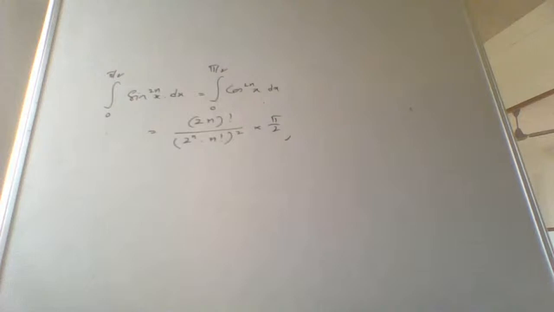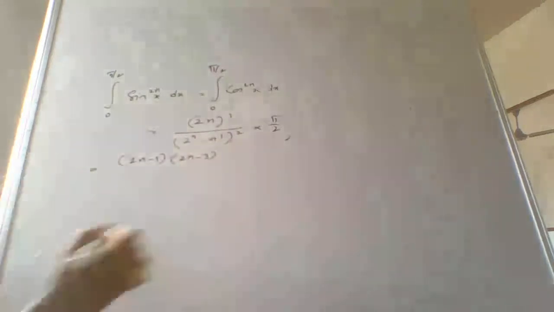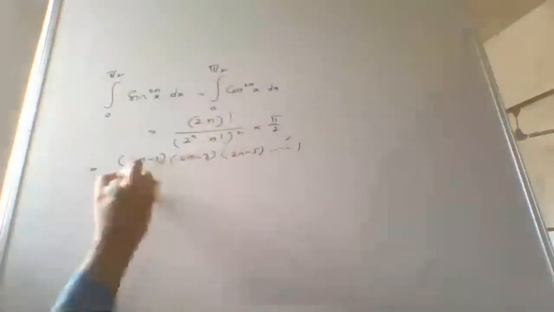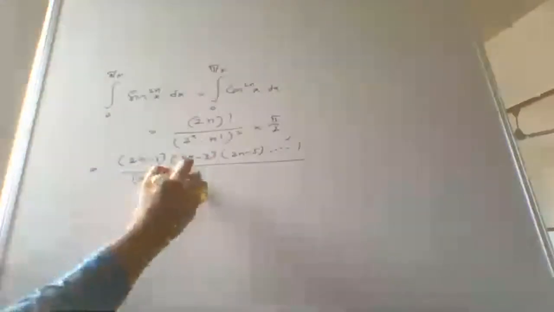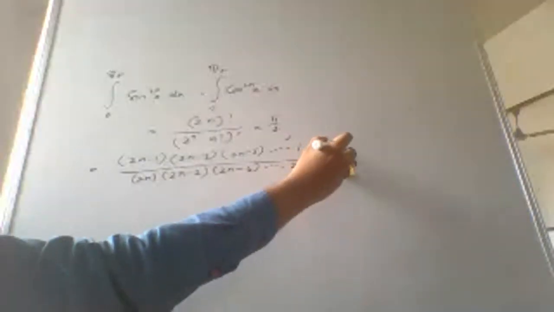Now, what we have noticed here is 2n being even. For both these results, I can write 2n minus 1, 2n minus 3, 2n minus 5 and 1 divided by 2n, 2n minus 2, 2n minus 4, and that is 2 into pi by 2.